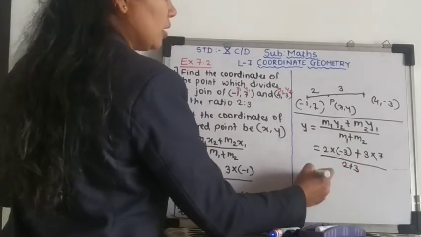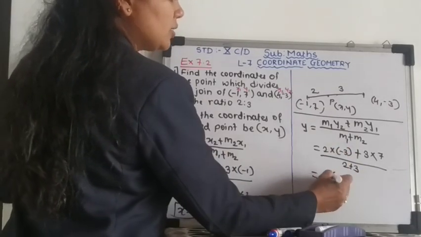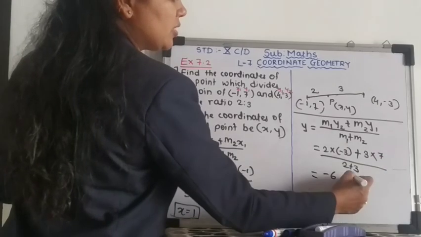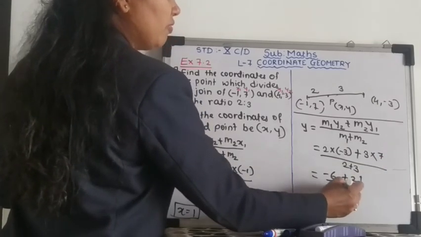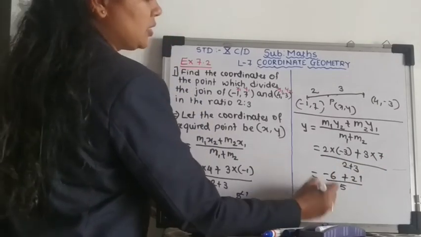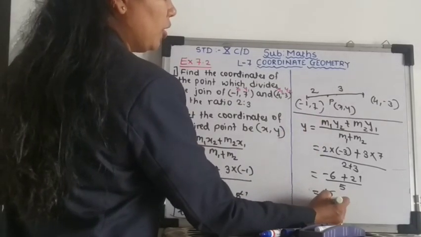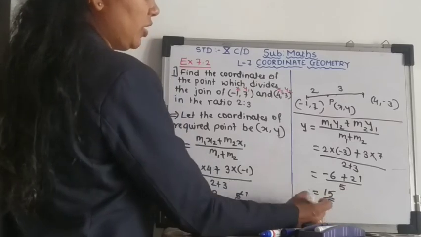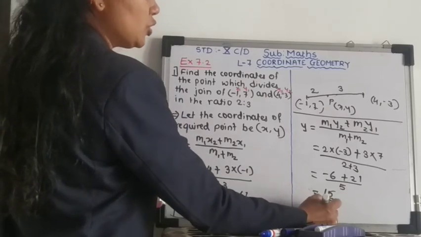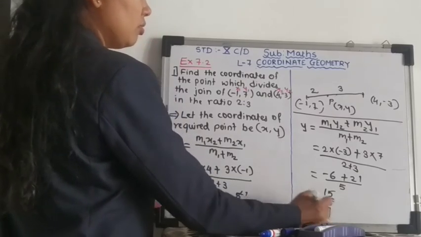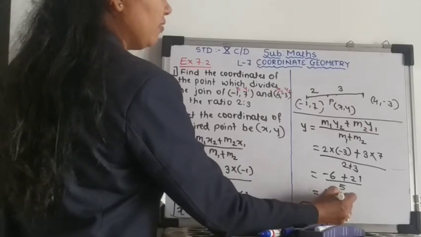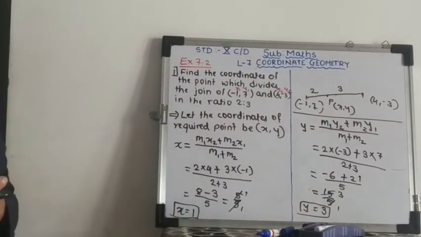Upon 2 plus 3. Now 2 3s are 6, minus 6, and 3 7s are 21, upon 5. So 21 minus 6 is how much? 15 upon 5. So 15 is divisible by 5. y is equal to 3. 5 ones are 5 and 5 3s are 15. So y we got is 3.